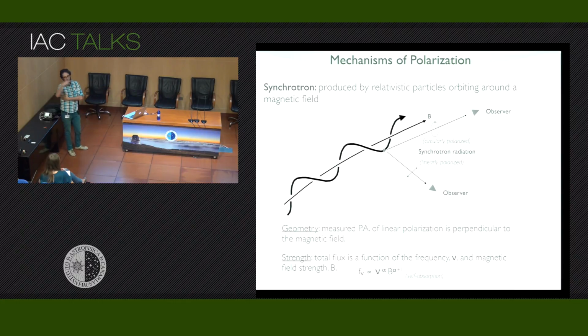If our line of sight is perpendicular to the direction of the magnetic field, the polarization will be linear and perpendicular to the direction of the magnetic field. Then we can calculate the geometry of the magnetic field, because the measured PA of polarization will always be perpendicular, and in the case of self-absorption, the strength of the magnetic field will be a function of the frequency.